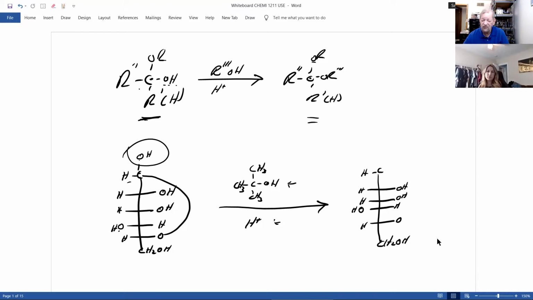And don't forget this bond right here is still there. And the only change is this becomes this, which is this group will now become this. What's our R group? Well, in case you forgot, I like t-butyl groups, so that's what I gave you.